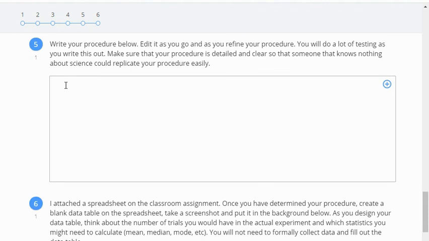So when you're typing, don't think of it as the final draft. Write things down as you go and then edit as you see, okay, that didn't really work. That was not consistent, and so on. You want your procedure to be something that somebody that knows nothing about science could come in and do your same procedure the same way. Okay.